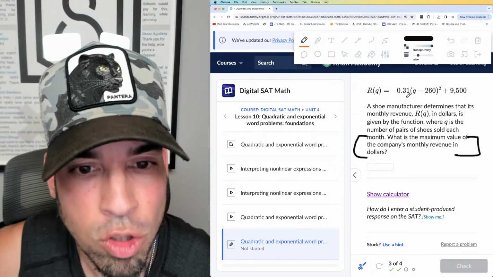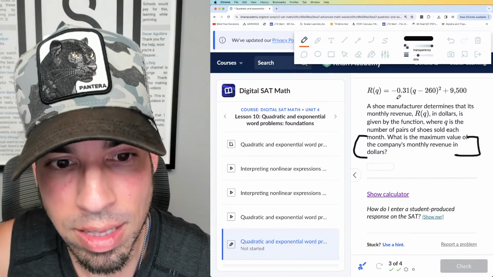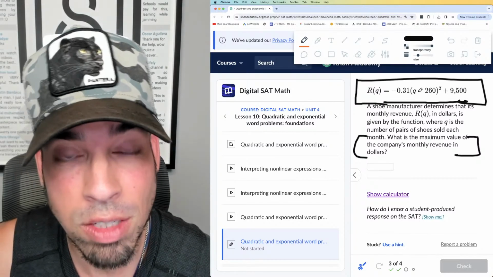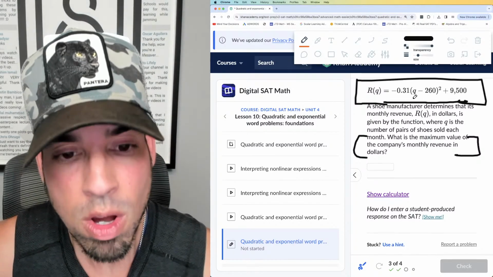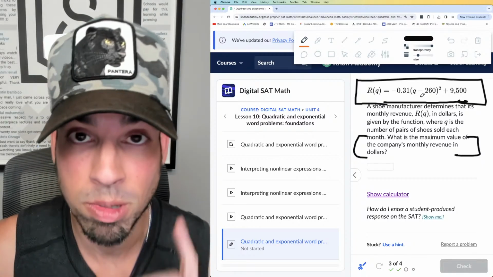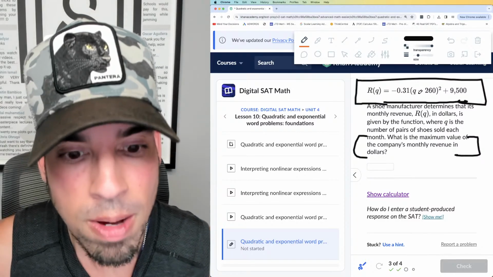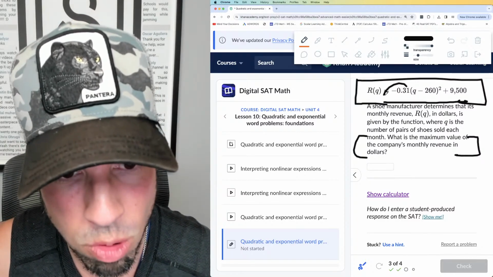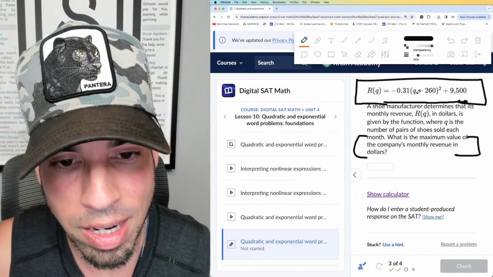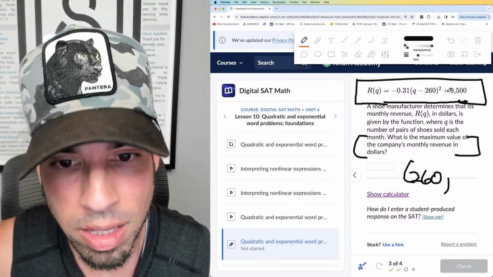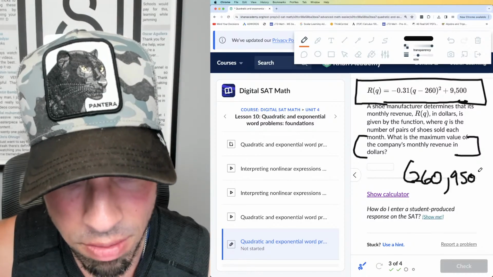So if we're talking about maximum, and this is a quadratic, the max value is going to occur at the vertex. This is actually in vertex form, but if you're not sure about that, you can always plug it into Desmos. That's the beauty of Desmos. Since it's in vertex form, this is my A value, and my vertex has the X value, which is the opposite of this value, which is 260, and the corresponding Y value of the vertex is 9,500.